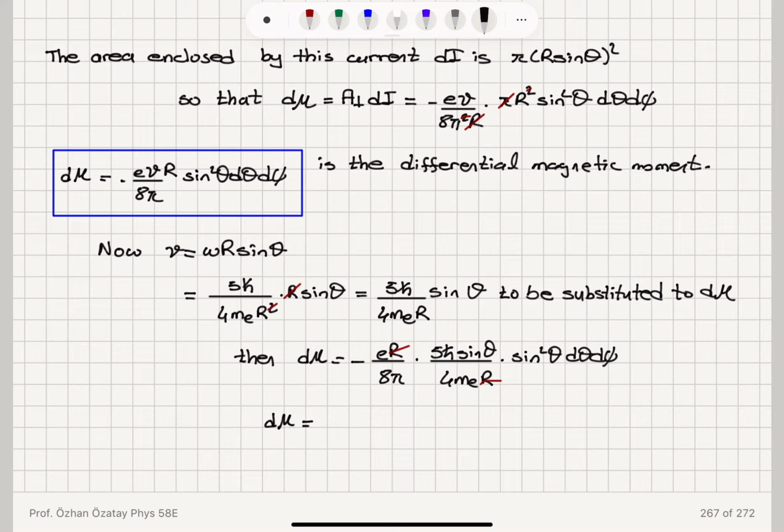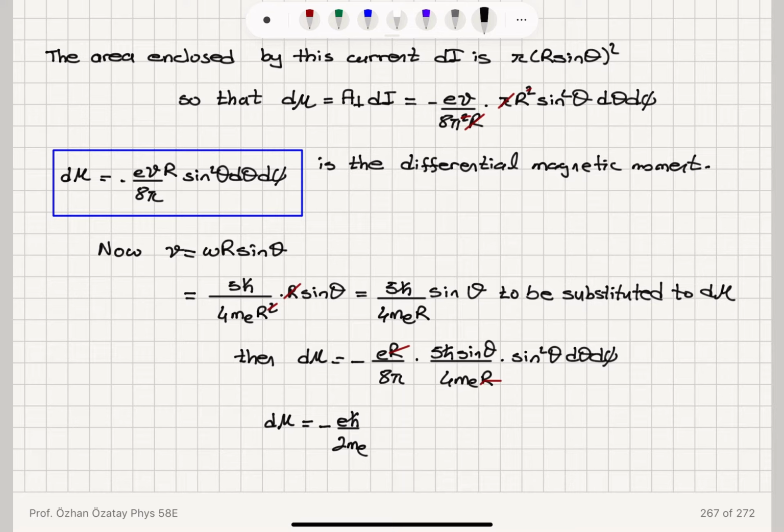So let's write this in terms of Bohr magneton, minus e h bar divided by twice the mass of the electron. Then we have utilized one of the 2's here. We're left with a 2 here, 2 times 8, 16.